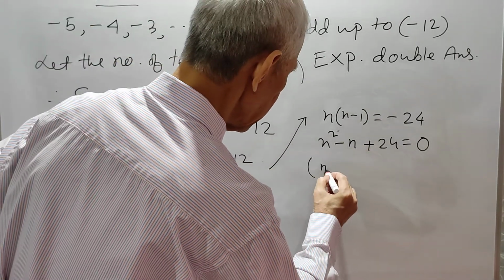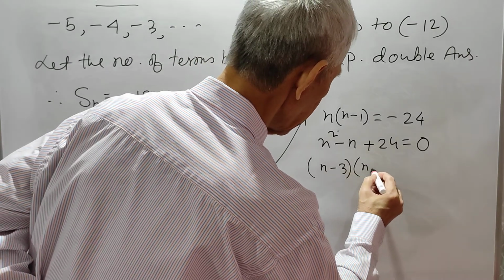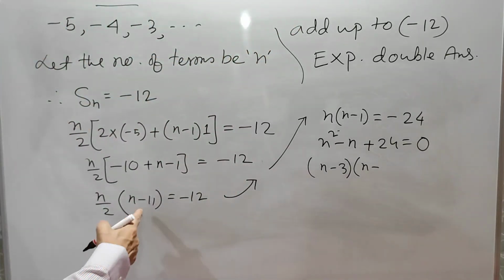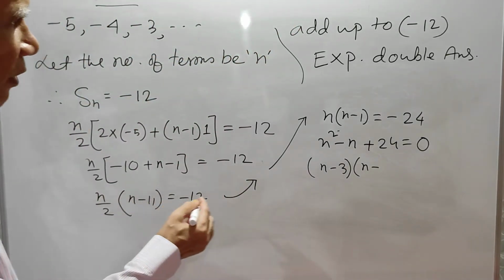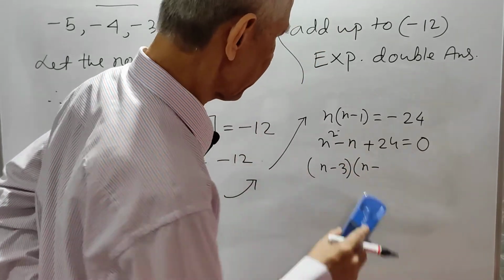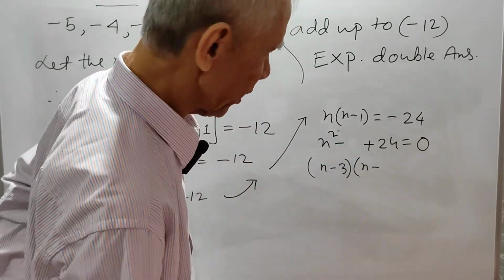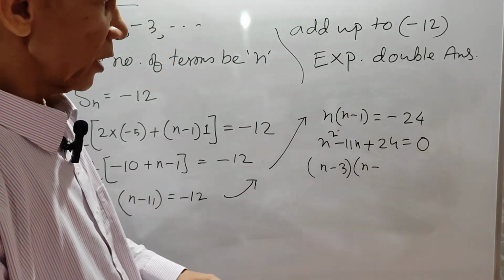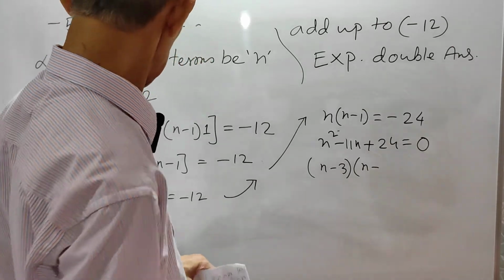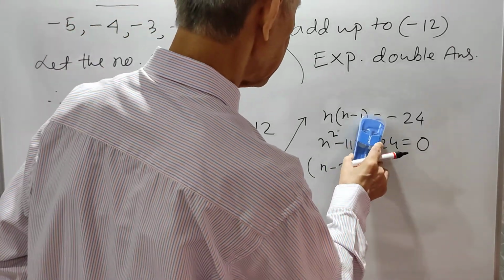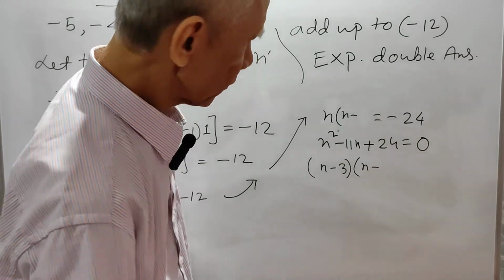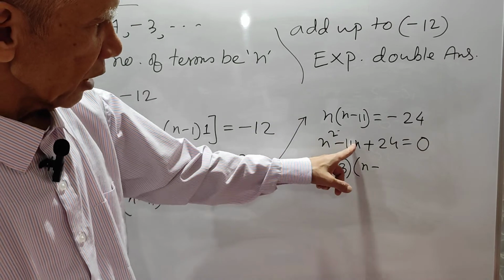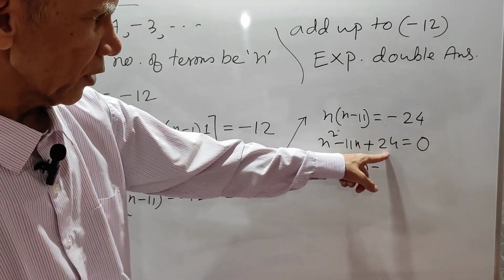So n square minus 11n plus 24, factorize this by middle term method.